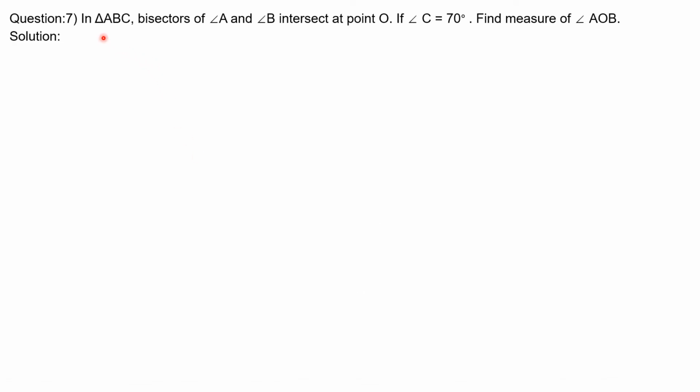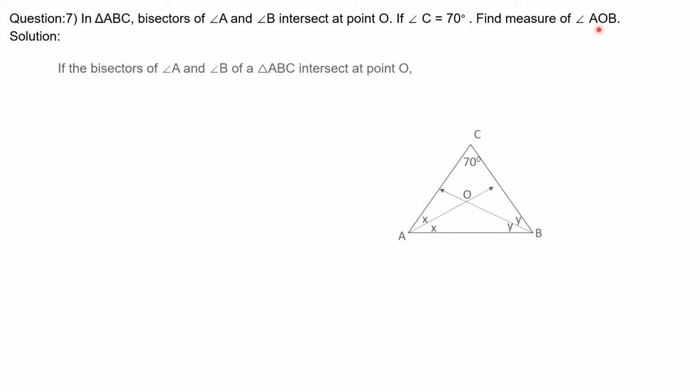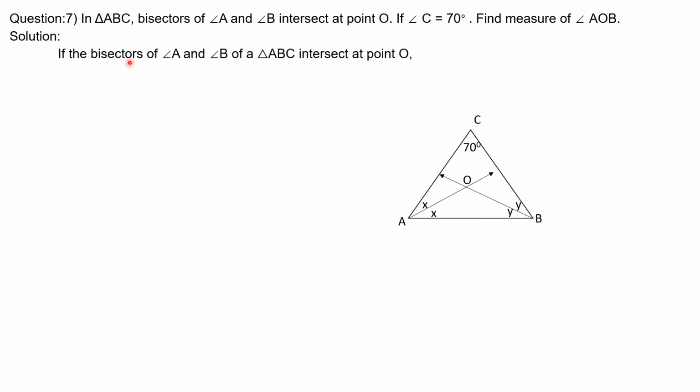Now we start question number 7. In triangle ABC, bisectors of angle A and angle B intersect at point O. If angle C is equal to 70 degrees, then find the measure of angle AOB. Now we see the figure.